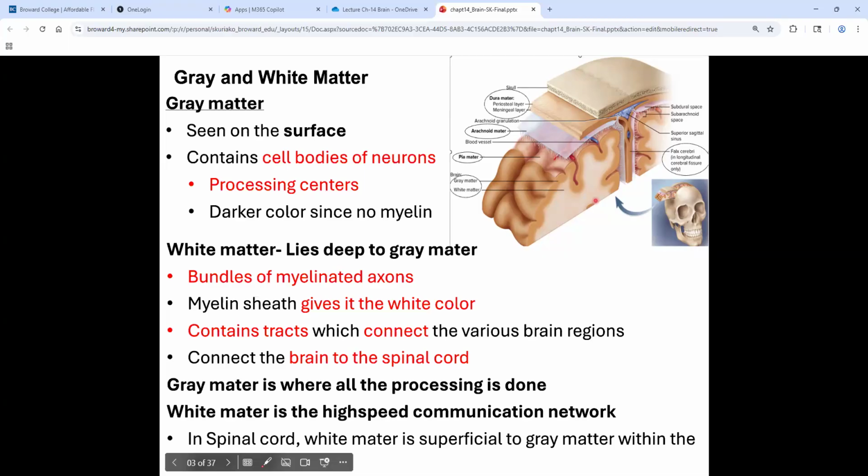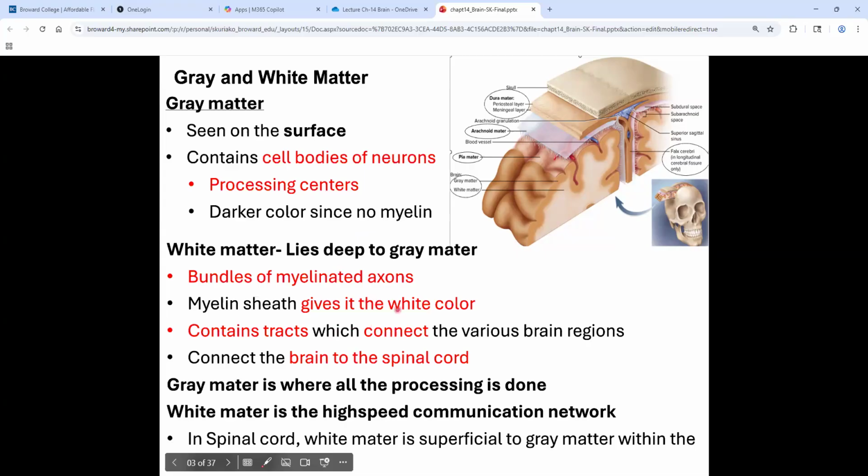What does the gray matter do? That's where the information is processed. What does the white matter do? The processed information is conducted through the white matter. Now, why is the gray matter gray and white matter white? Any ideas? Myelin. Exactly. Myelin, because it's axons, and axons are covered by myelin.